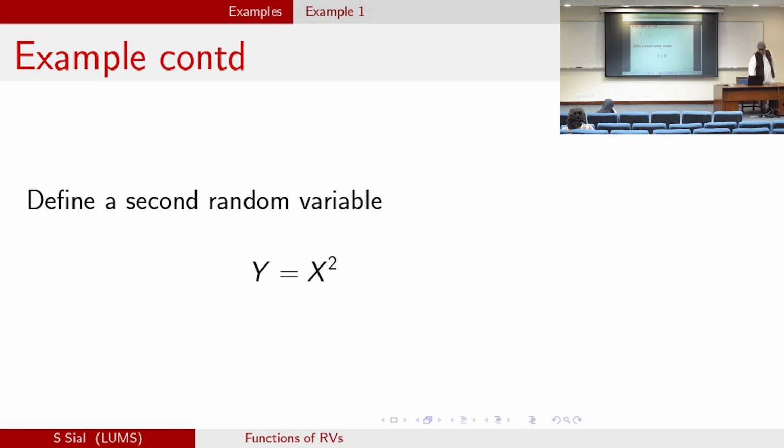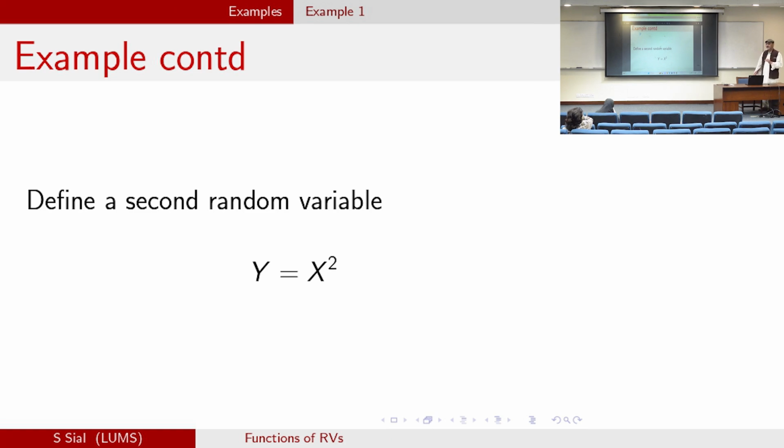Okay, now I'm going to define a second random variable as a function of the first random variable. Okay? So the experiment gives me x, and then I do some manipulation of x to give me y. So let's say we have a second random variable, y equals x squared. Right? Now, this is a random variable. It's a function of a random variable, so it is a random variable.